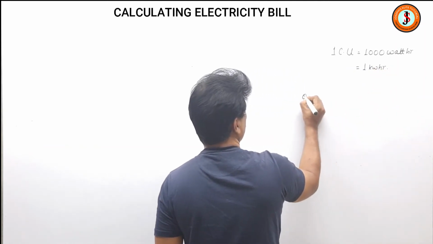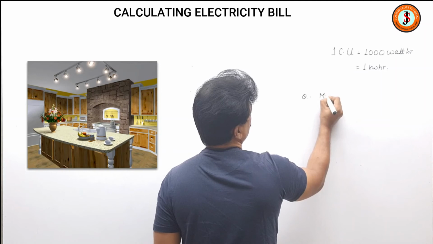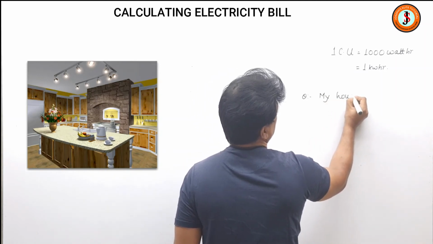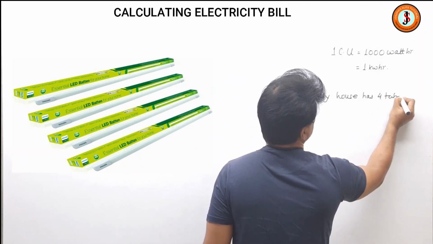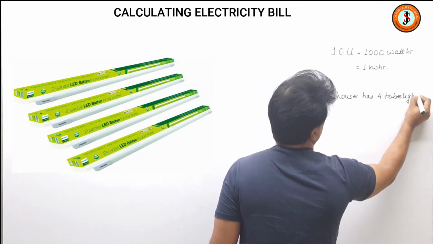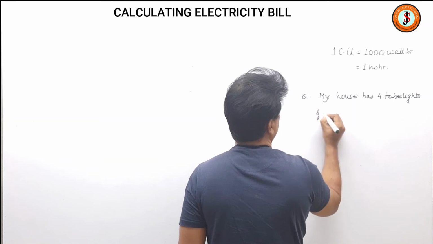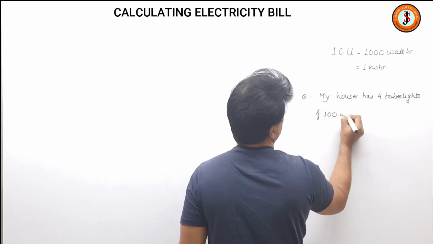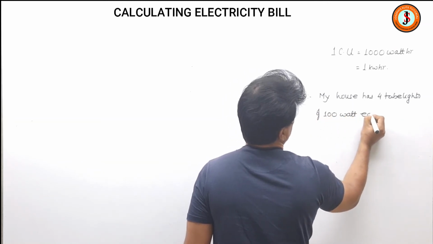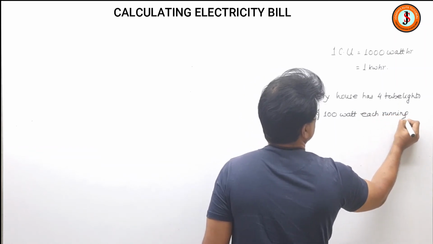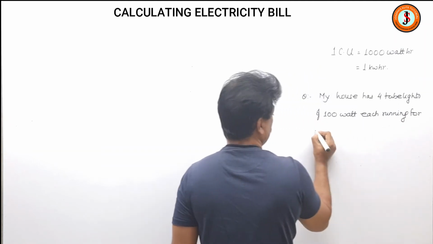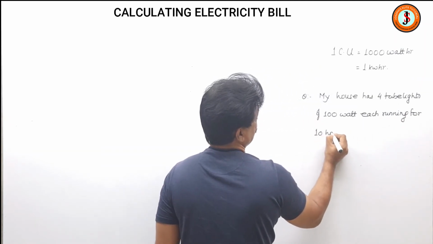So I give you a question. My house has 4 tube lights of 100 watt each, running for 10 hours a day.